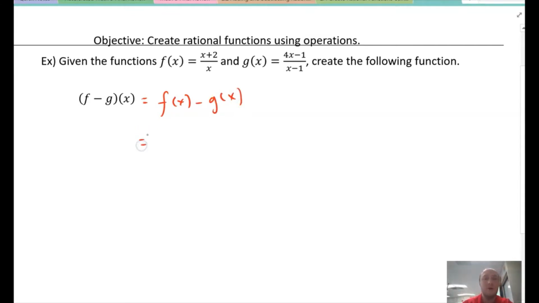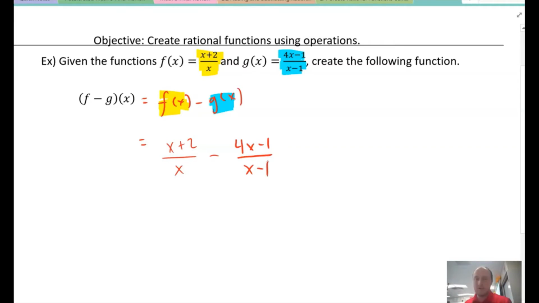So I'm going to substitute. Here's f of x, I'm just going to plug this in. So this is x plus 2 over x, minus g of x. Well, g of x is given here, so I just substitute it in: 4x minus 1 over x minus 1.